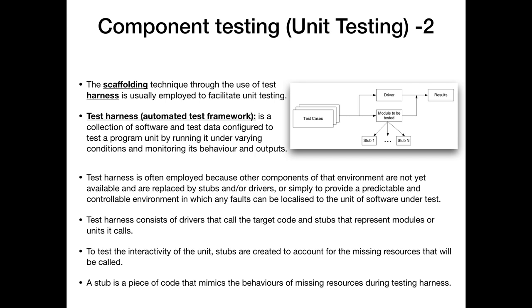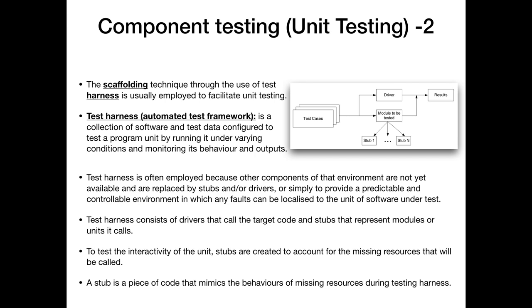So the test harness is like you have a set of test cases and you want to test a module. Here we call it the module to be tested. And then you bring out this module. It's a piece of code to be implemented inside a bigger software, and you want to test only this piece of code.